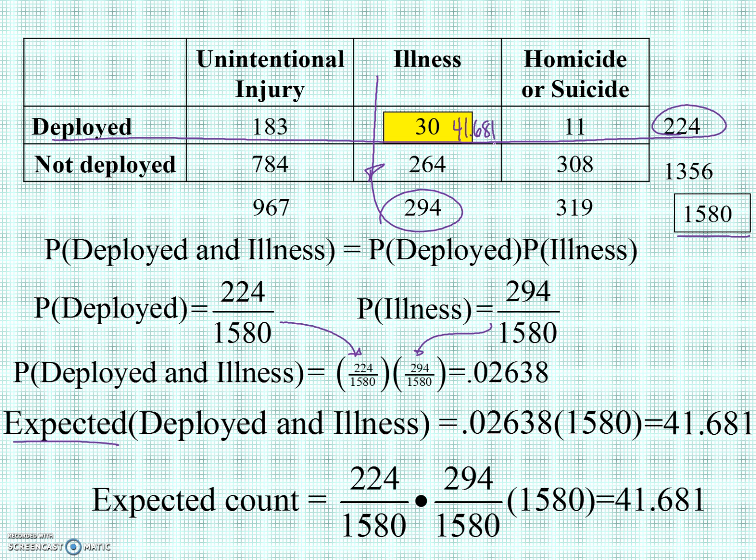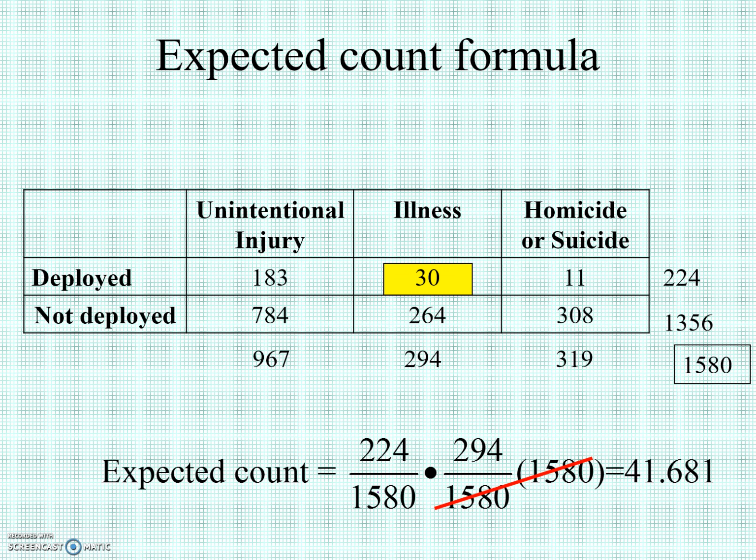Another way to look at this: your expected count is simply 224 out of 1,580 times 294 out of 1,580, and then you're going to end up multiplying by 1,580. Those cancel out. So another way to think of this, and this is a new table, is that 224 is a row total, 294 is a column total, and 1,580 is the grand total.